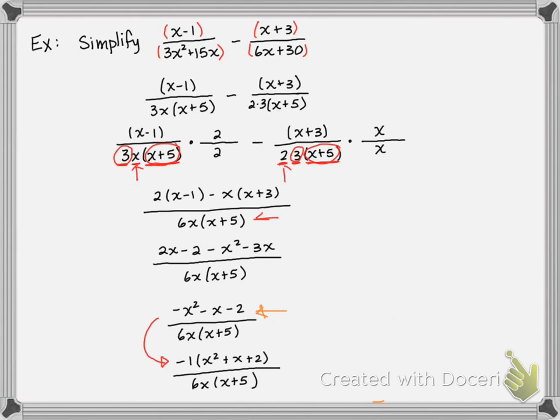But I think you're using the word finish incorrectly here. This is finished, just like this is finished, because it's factored. And that's how we leave rational expressions, in factored form.